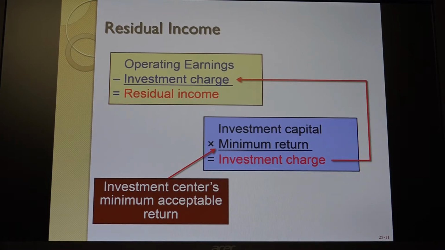With the project, it's 210,000 plus the 55,000 additional operating income because of undertaking the project, minus 10% times 1,400,000 plus 500,000, the total amount of capital that you'd have invested if you include this project, equals 75,000. So your residual income here is what? Well, it's $5,000.